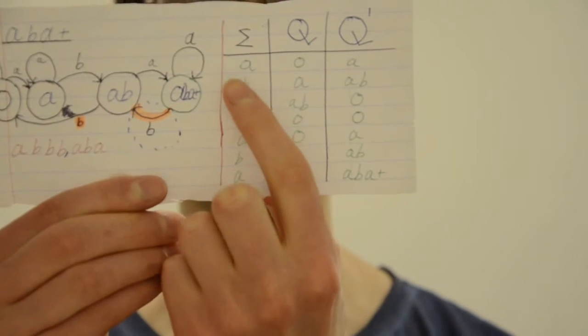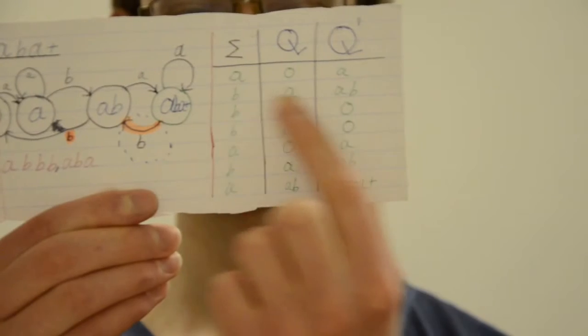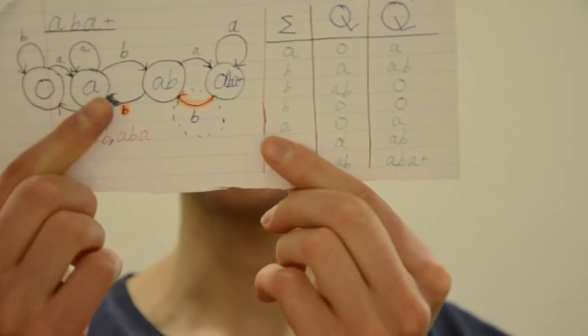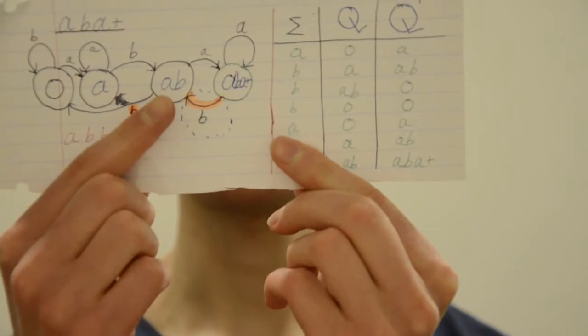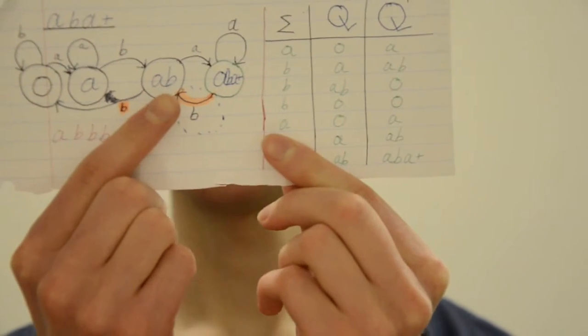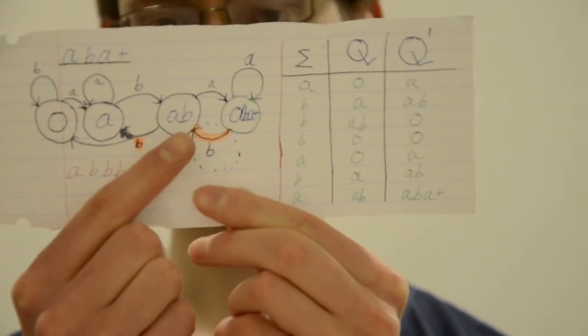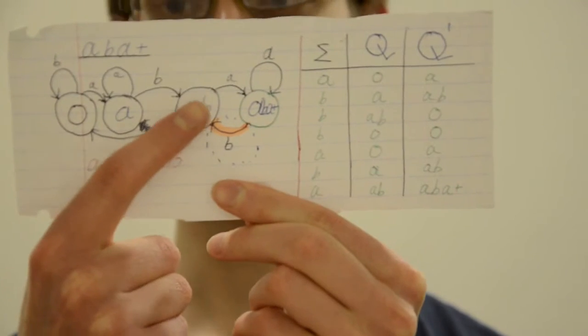As you can see, passing through the first 4, we move to A, then we move to AB, but then we can't move any further, and we're thrown back.